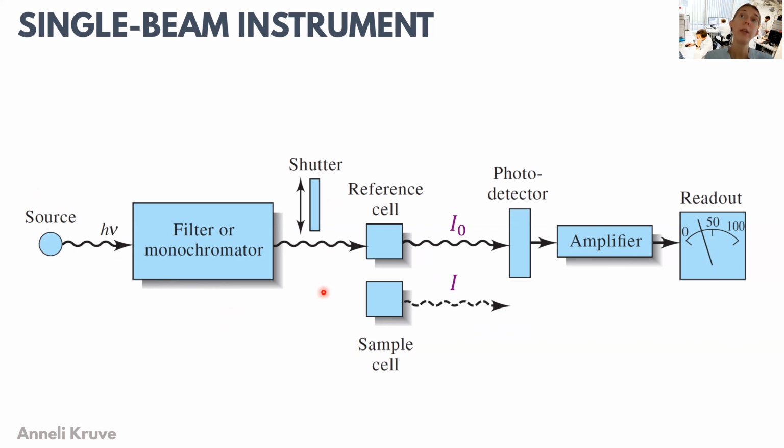There is a shutter here that can stop the light from going through the sample or the reference cell. And there is usually actually also another shutter over here that stops the light from going to the detector when we are not actually doing measurements.